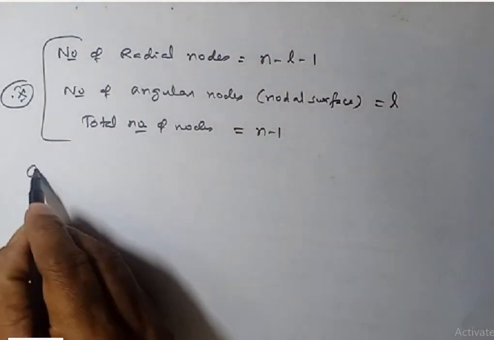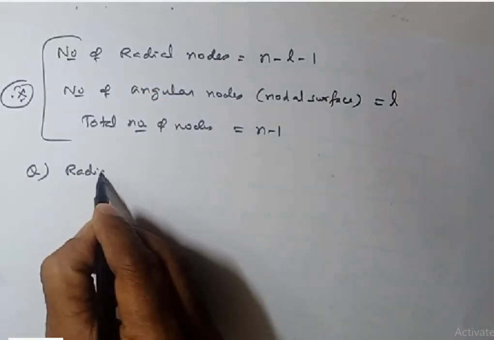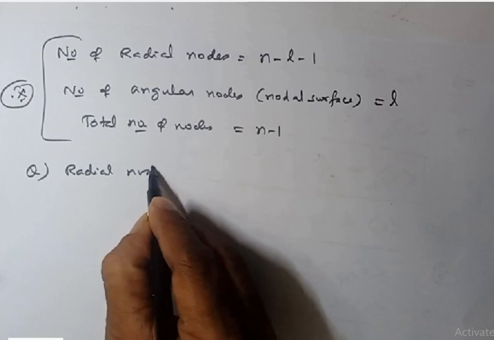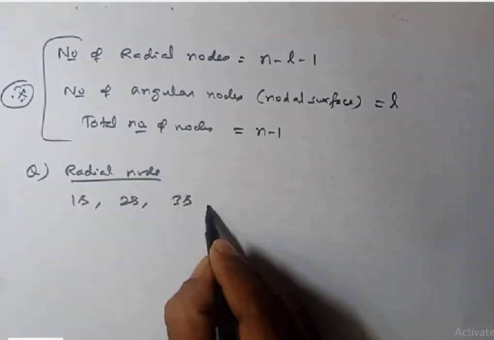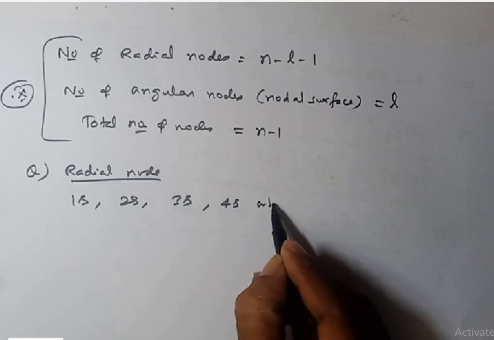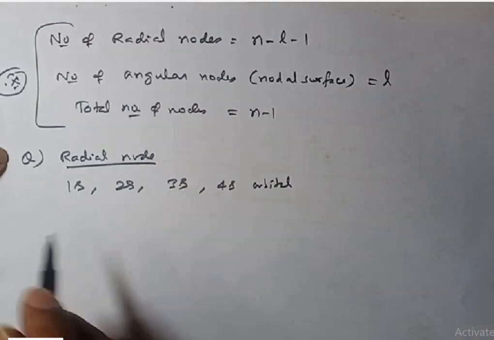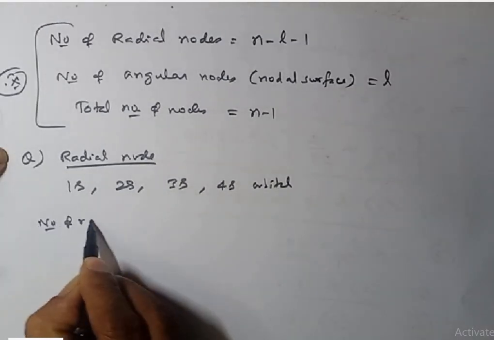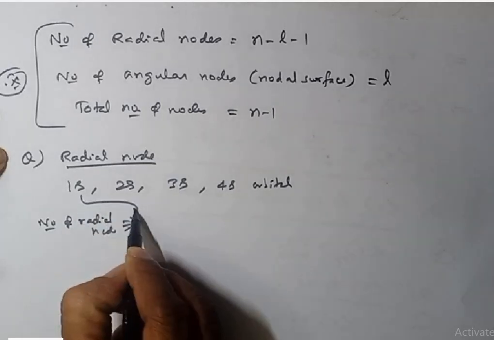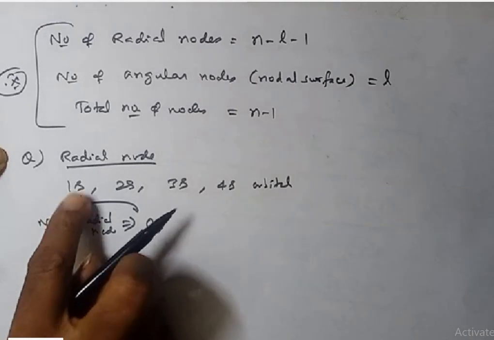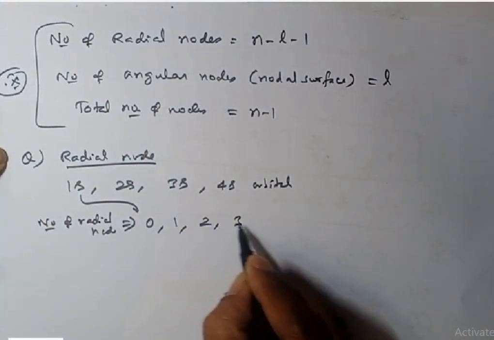Someone tell me, what is the number of radial nodes? The question is this: find the number of radial nodes in 1s, 2s, 3s and 4s orbitals. For the 1s orbital it is 0 because n minus L minus 1 is 0. 2s orbital 1, 3s 2, 4s 3, correct?